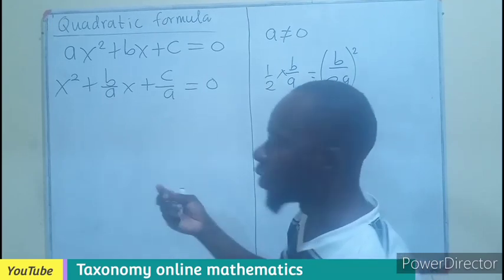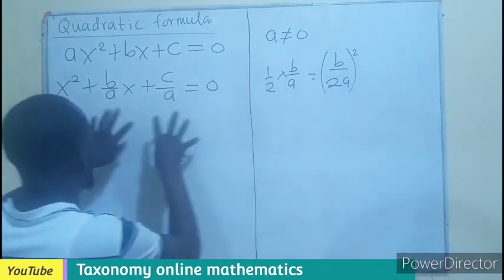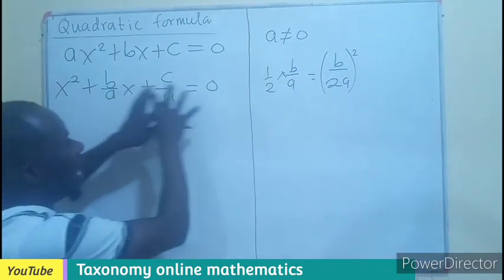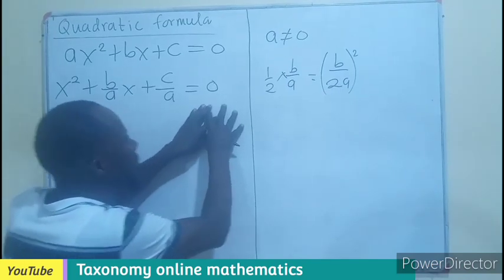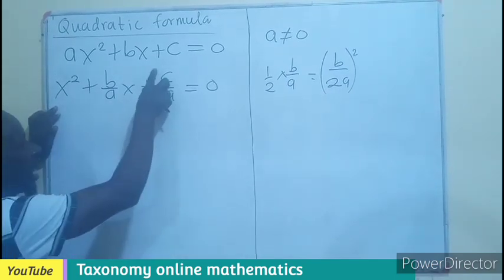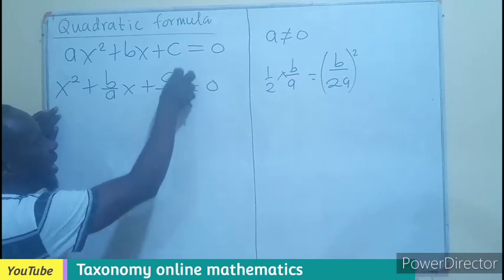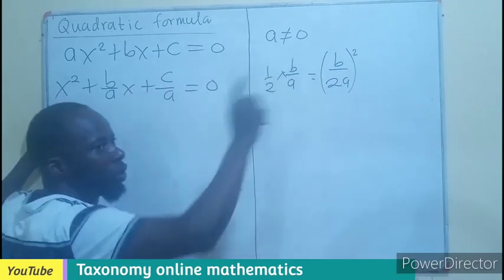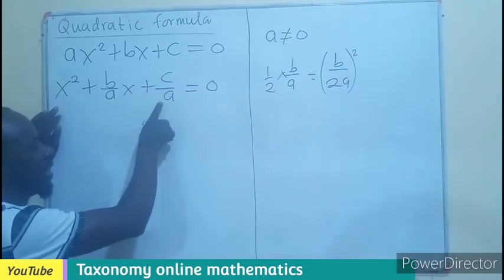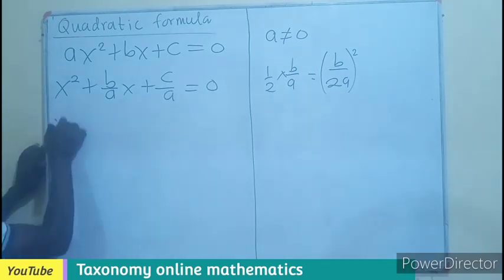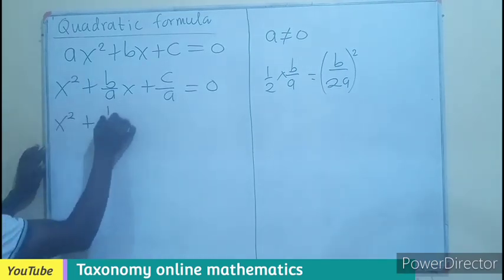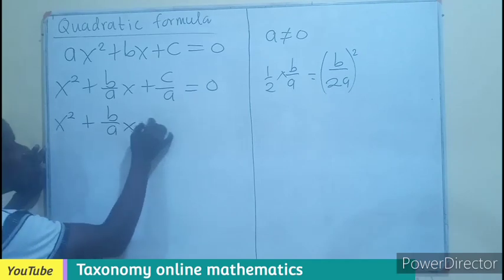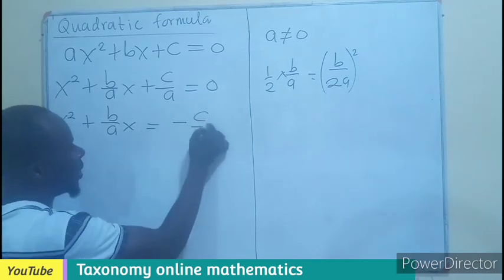Then when you square the result, add that result to both the left side and the right-hand side. But before we do that, we can also transfer the constant term to the other side, meaning subtracting this from both sides. That gives us x squared plus b over a x equals minus c over a.